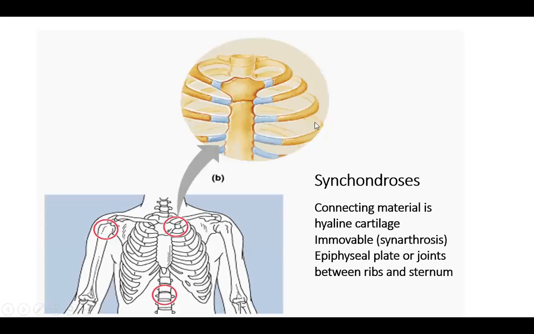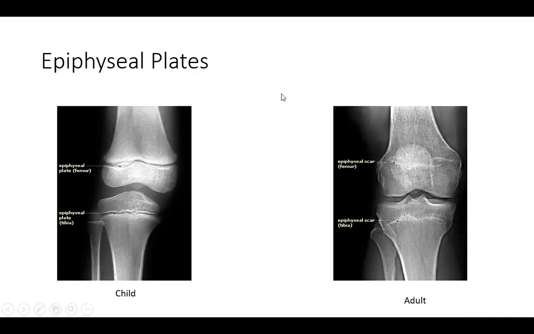There's our example there of the hyaline cartilage at the end of the ribs. Okay, these are the epiphyseal plates. We can look at an X-ray of an individual's bones and determine the age of that person by looking at the X-ray. A child or a young adult or an adolescent would likely have what we see on the left-hand side.